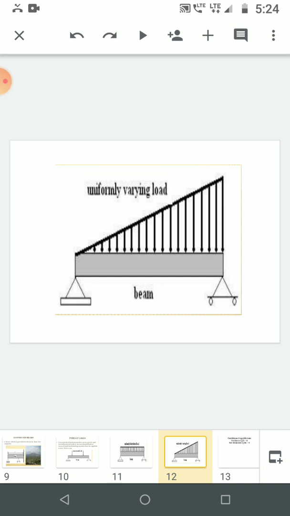At the left hand side the load is 0 and at the right hand side the load is simply called a UDL. In between left support and right support, the load is varying from 0 to a particular value omega Newton per meter. It is called uniformly varying load.